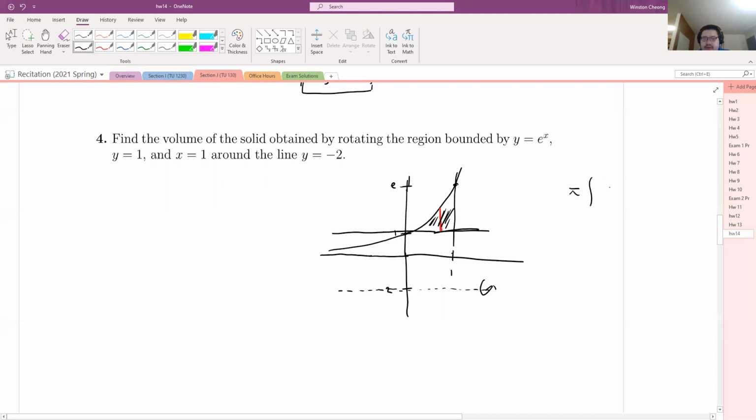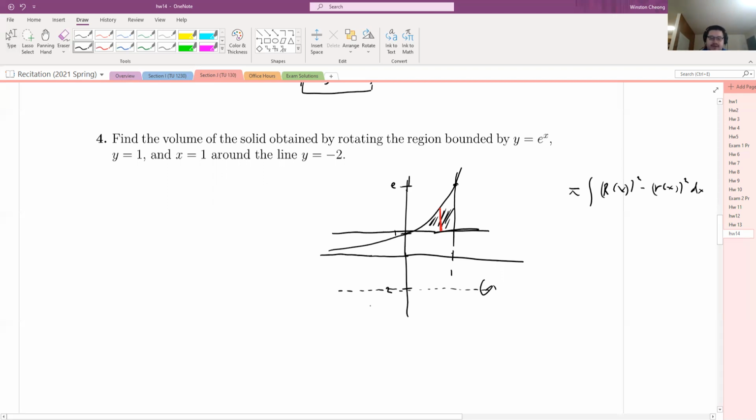It's pi times big radius squared minus the small radius squared. The significant difference here is that the big radius and small radius aren't just going to be given to us in the problem because of this offset. So because of this offset, we need to add, you could also subtract, but in this problem we add, to the functions that we would normally bound this by.